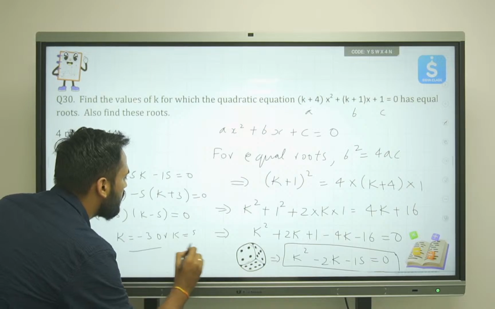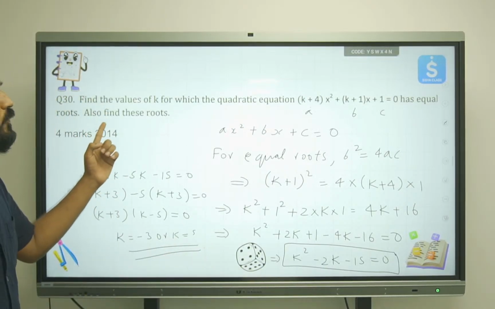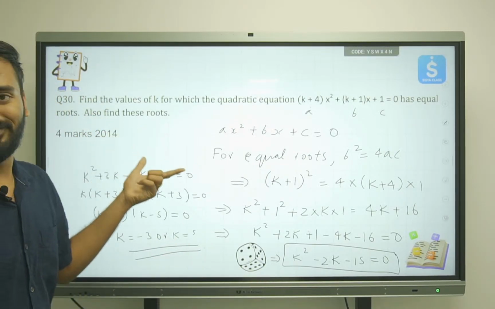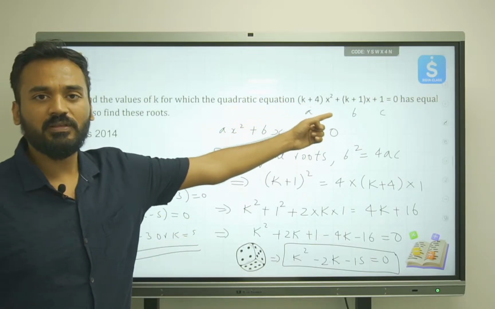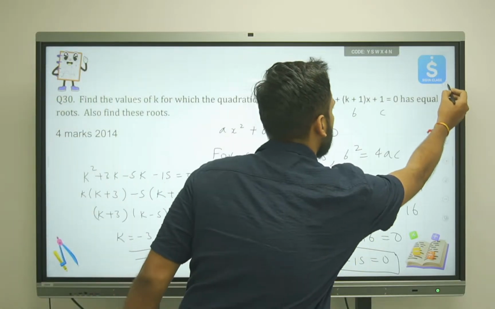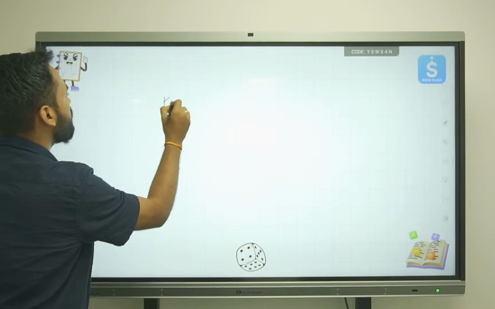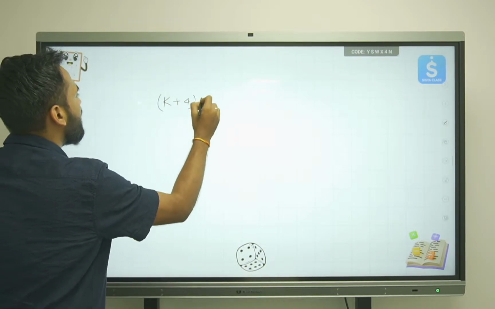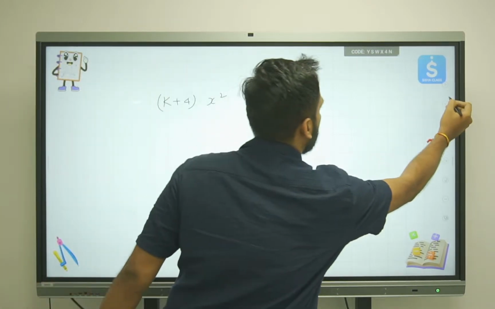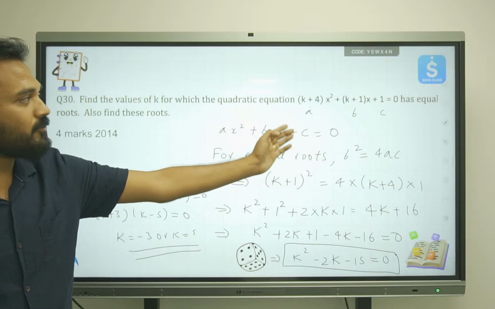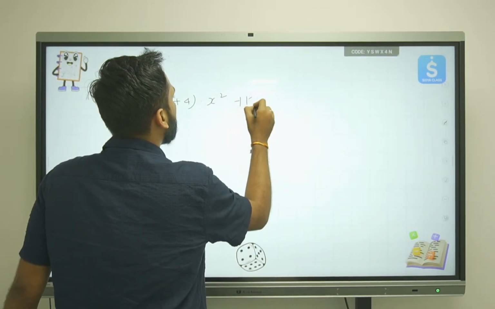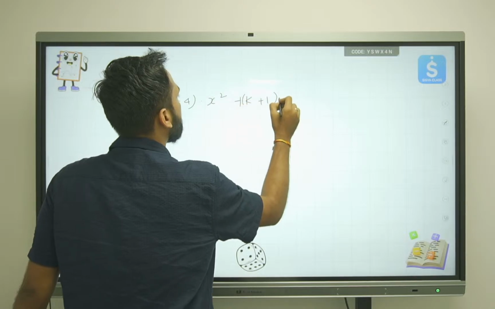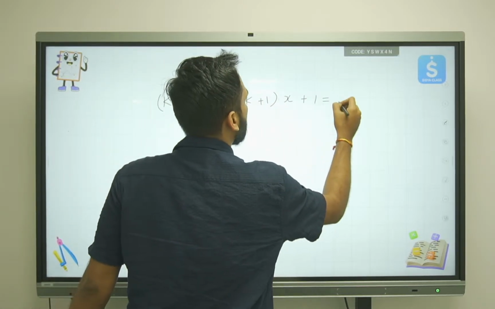So we have got the values of k, but we need to find out the roots. So let's substitute the value of k back into this equation. The equation is k plus 4 multiplied by x square plus k plus 1 times x plus 1 is equal to 0.